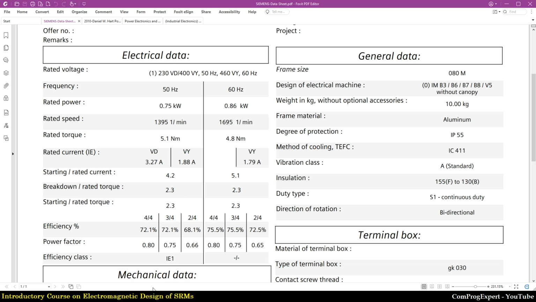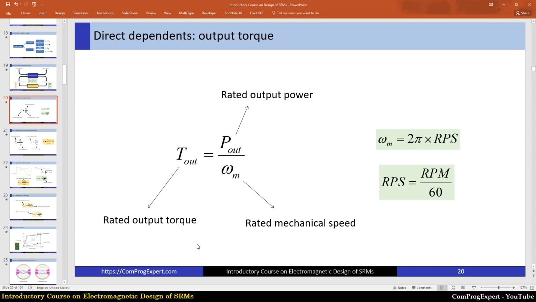And what is the value for the SR motor? The value should be slightly lower because we keep the value of output power the same but increase the mechanical speed. We consider it the synchronous speed, right? So here is the equation.